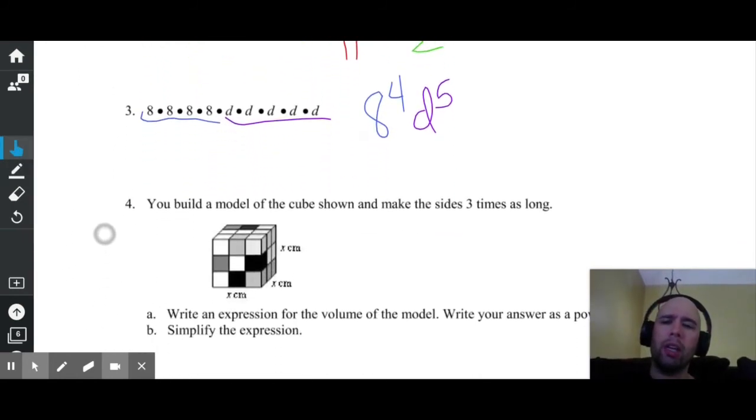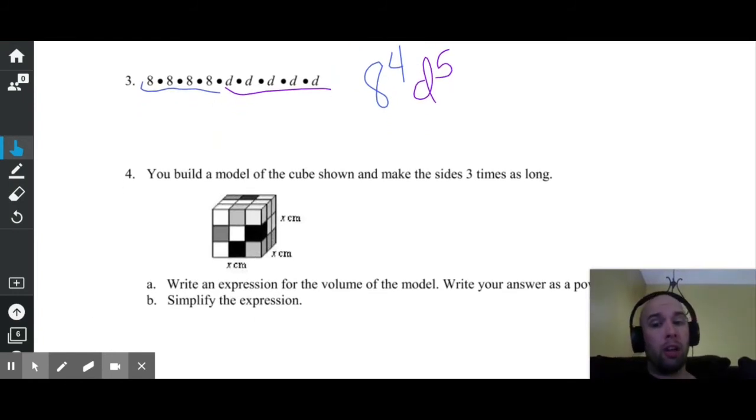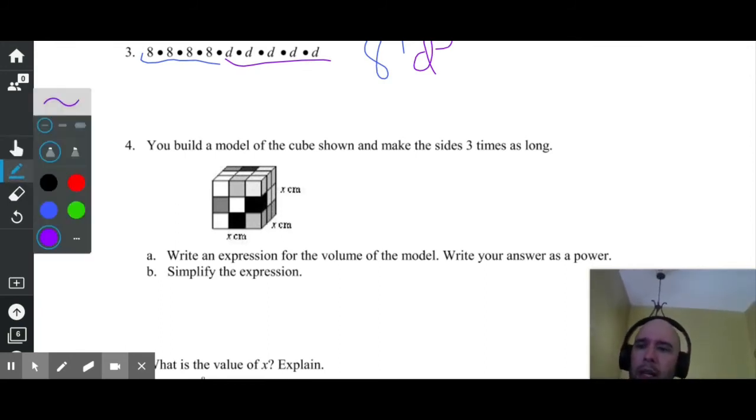You build a model of the cube shown and make the sides 3 times as long. Write an expression for the volume of the model. Write your answer as a power. Okay, so this is, again, one of those weird Algebra 2 type problems, but I like it a lot.